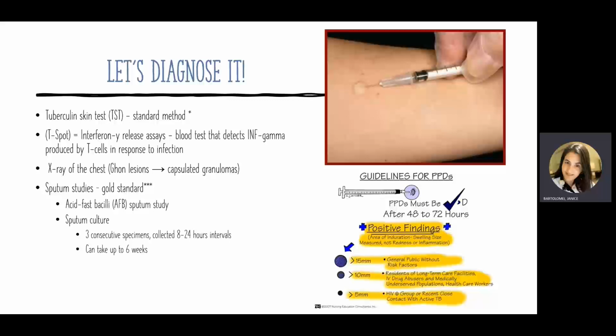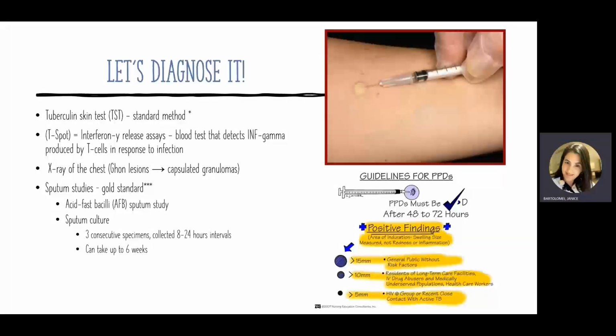You're looking basically for any redness, any induration, and the induration is usually measured in millimeters. I gave you a guide here to say that it's positive depending on how big it is. Now, the results need to be read no sooner than 48 hours and no later than 72 hours.